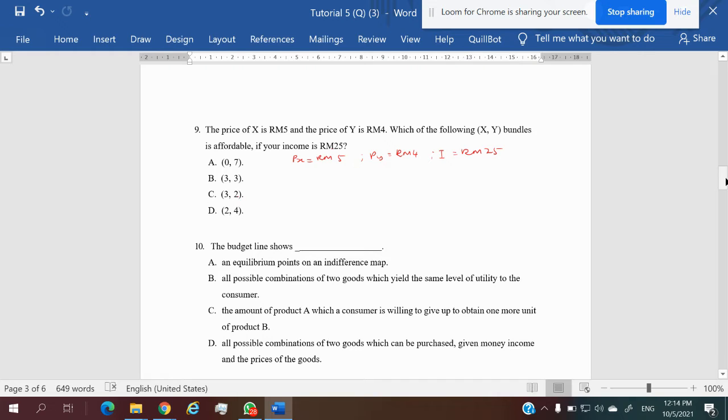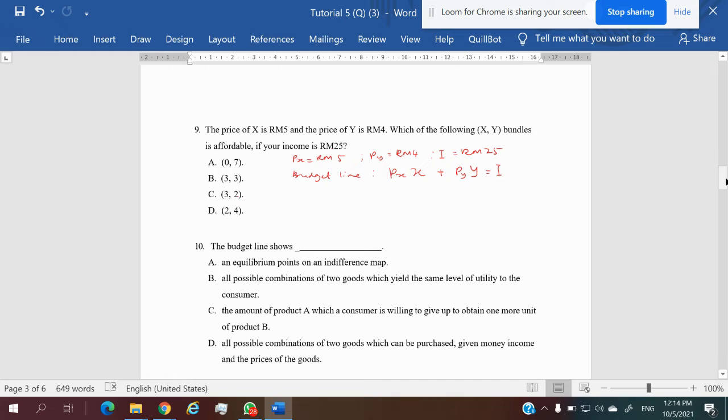So what is the formula that we are using now to calculate whether we can afford this combination of products or not? I introduce you to the budget line formula. The formula is PX, the price of good X, times the quantity of good X, plus PY, the price of good Y, times the quantity of Y, equals I. I is your income level.